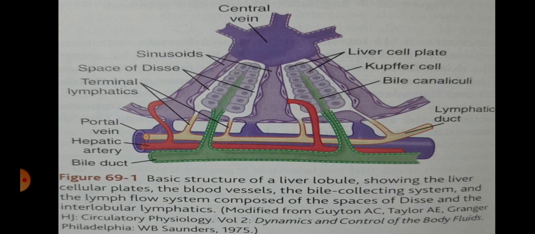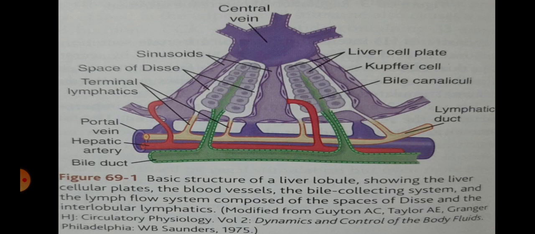These arterioles supply arterial blood to the septal tissues between the adjacent lobules, and many of the arterioles also empty directly into the hepatic sinusoids, most frequently emptying into those located about one third the distance from the interlobular septa, as shown in figure 69.1.